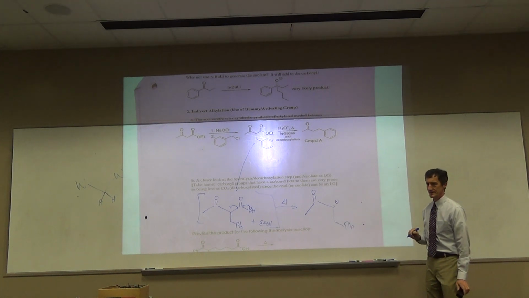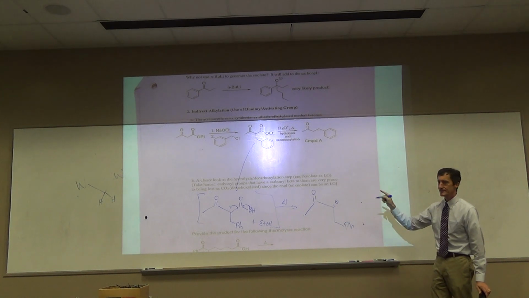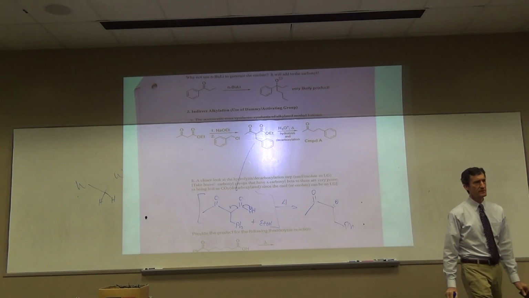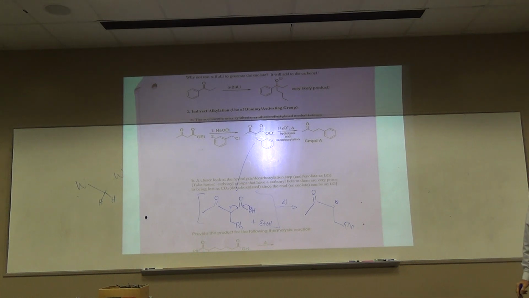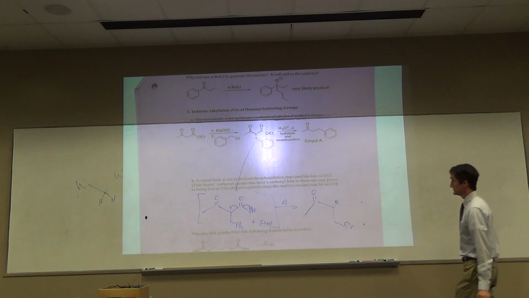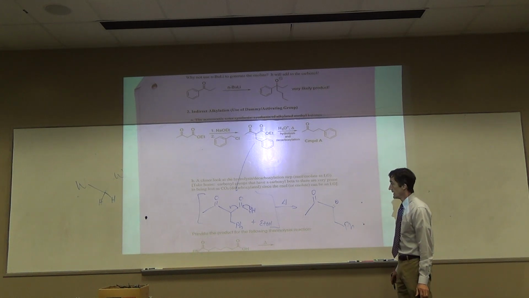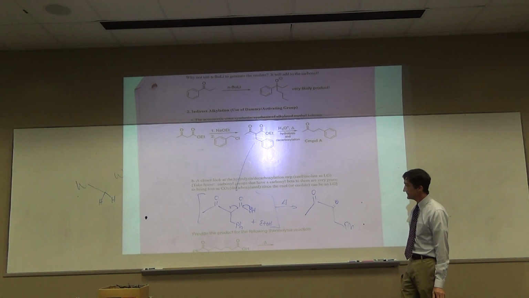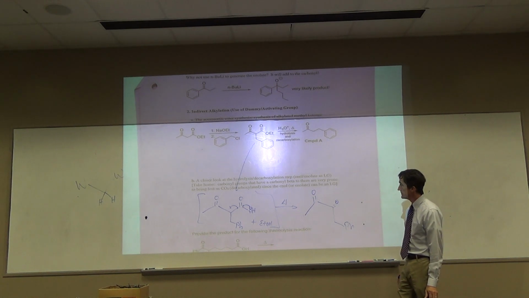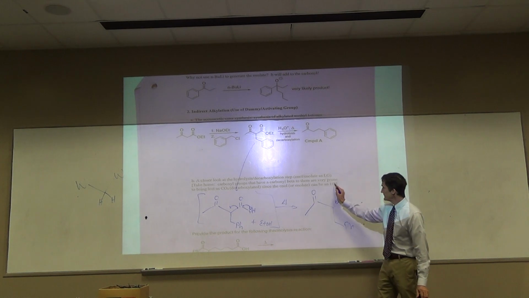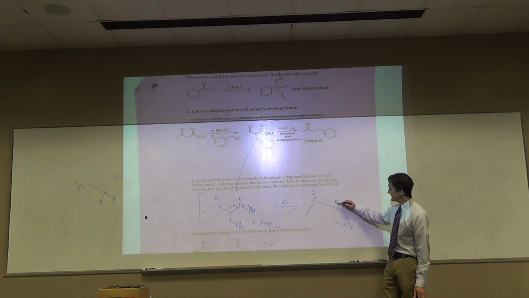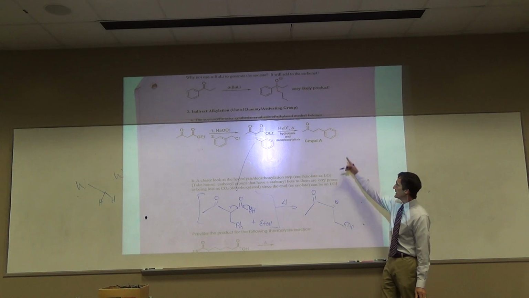This is not exactly right. This is more under basic conditions. But does this anion have any stability? It has more, I mean, we can form it. It's an enolate. And we've been talking about enolates for a while now. Because they have stability, they can be made. I really should not have done this like this. But since it says up here, the enol or the enolate can be a leaving group. And see, this can just pick up an H. If it picks up an H, we're going to have compound A.